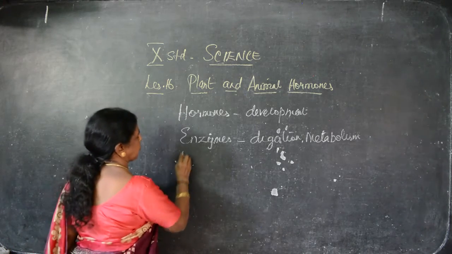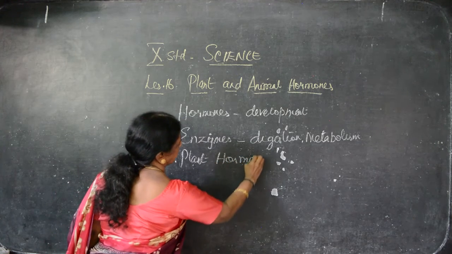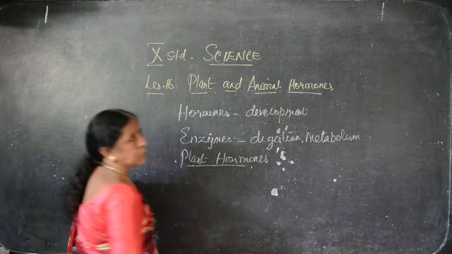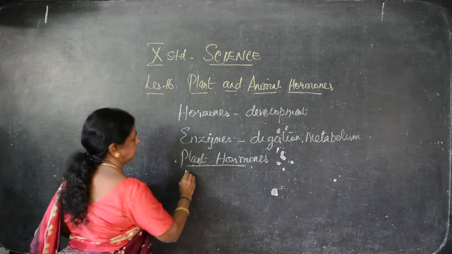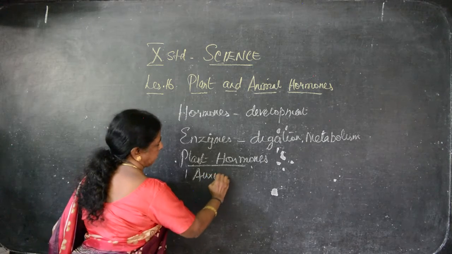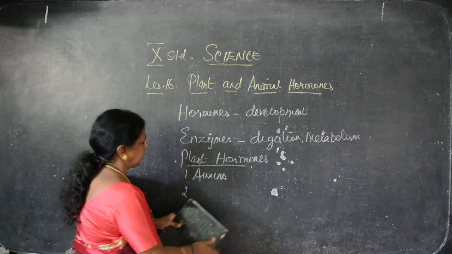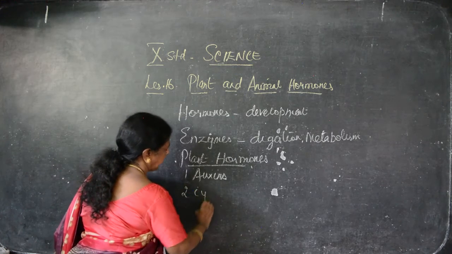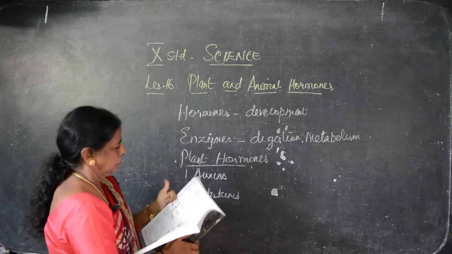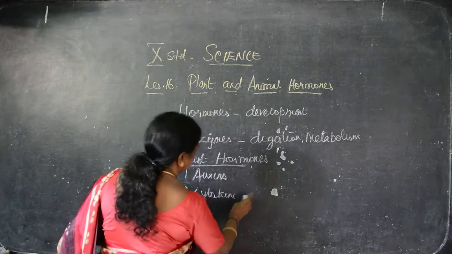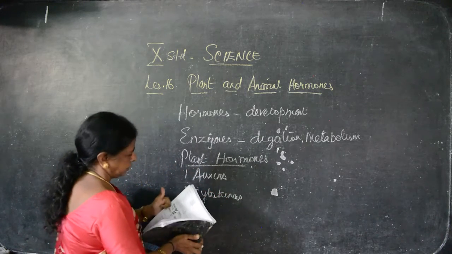First, we will see plant hormones. What are the plant hormones? First one is auxins. Second one is cytokinins. And the third one is gibberellins.